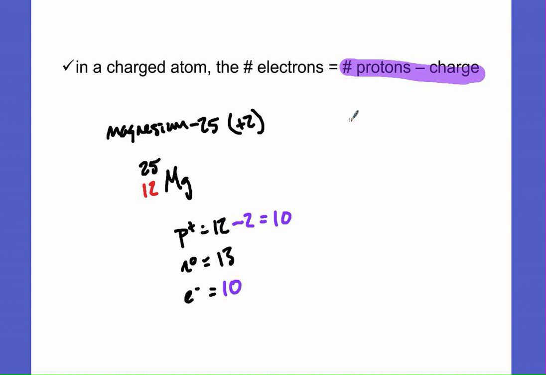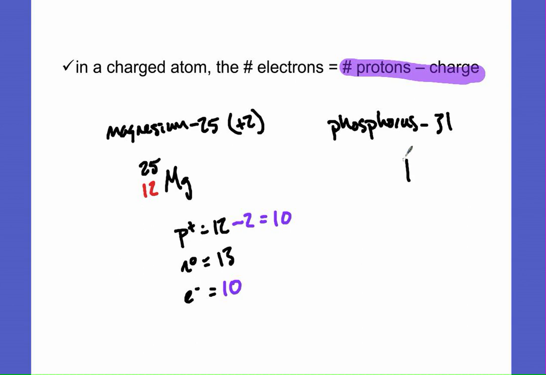let's go with a phosphorus example. Oops, should spell that right. And it's phosphorus, let's call it a 31.